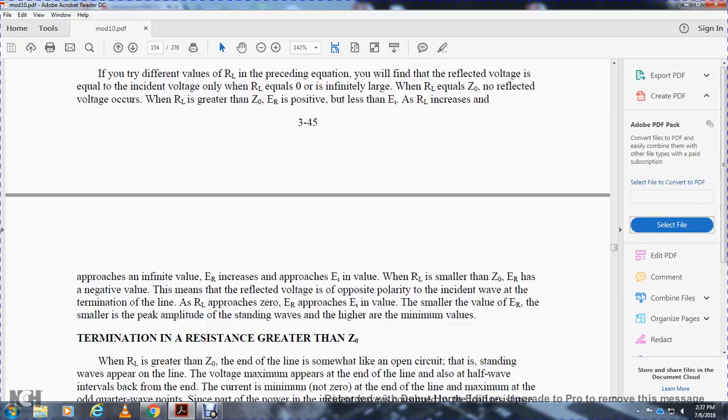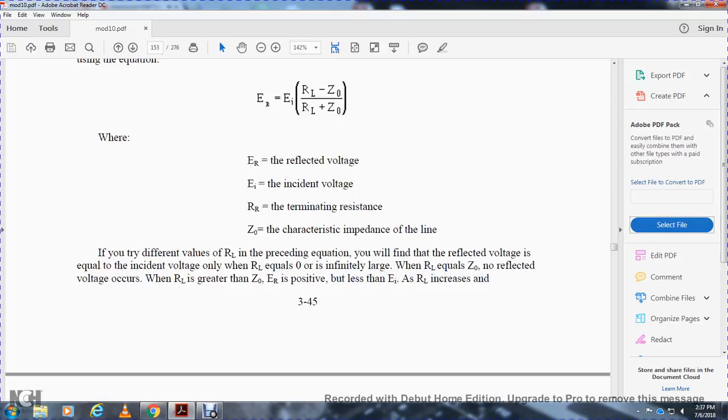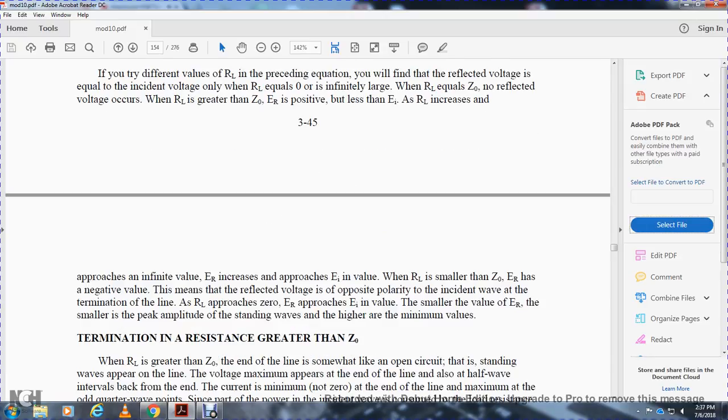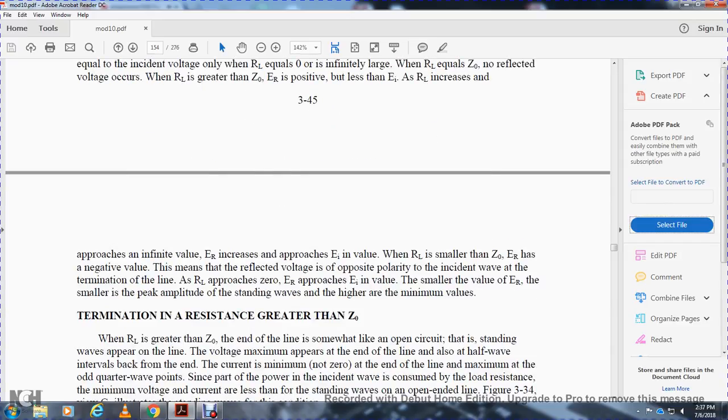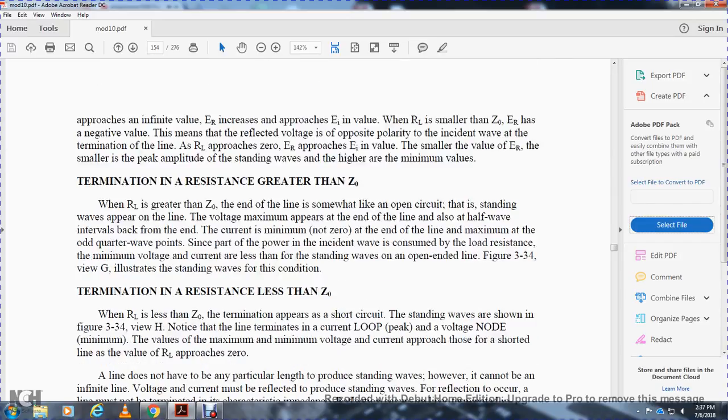When the resistance is smaller than the characteristic impedance, the reflected voltage has a negative value, meaning the reflected voltage has the opposite polarity of the incident wave at the termination of the line. With the resistance equal to 0, the reflected voltage equals the incident voltage in value. The smaller the value of the reflected voltage, the smaller the peak amplitude of the standing wave, and the higher the minimum value.